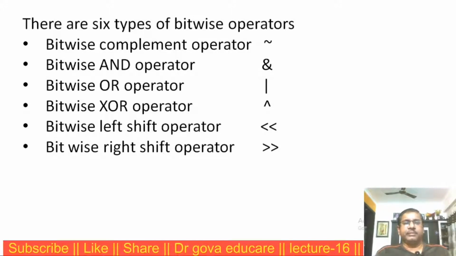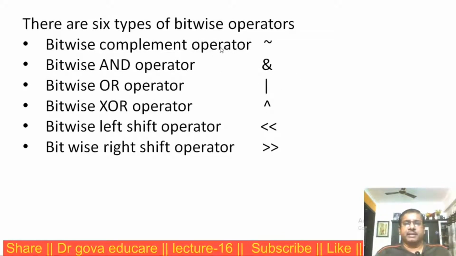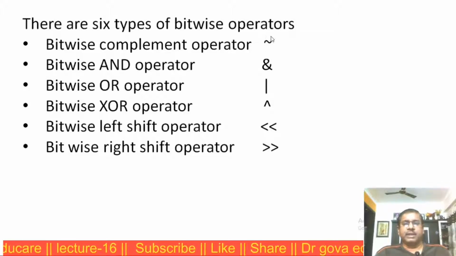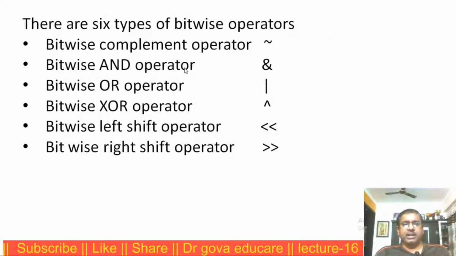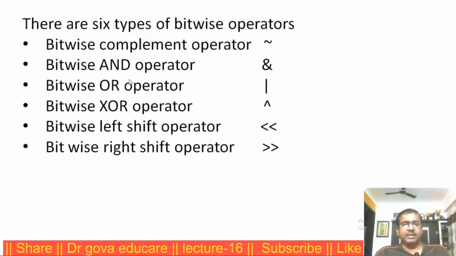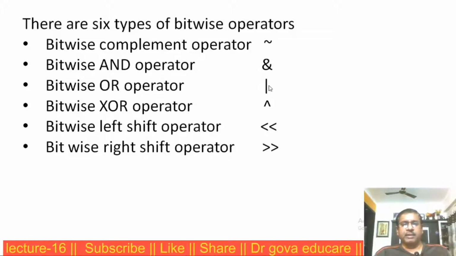Number 1, bitwise complement operator. In bitwise complement operator, we use a tilde symbol. Bitwise AND operator, we use ampersand symbol. Bitwise OR operator, we use vertical bar.